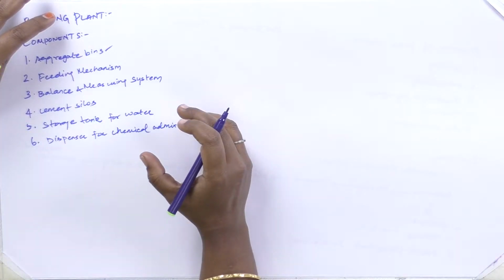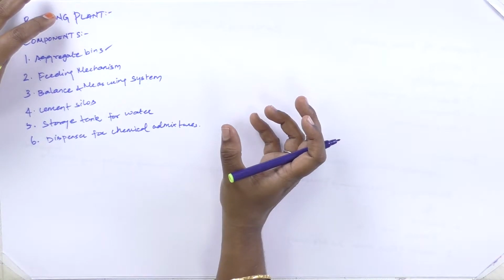And the plant type. A batching plant can be of a cyclic or continuous type, or can be automatic or manual.